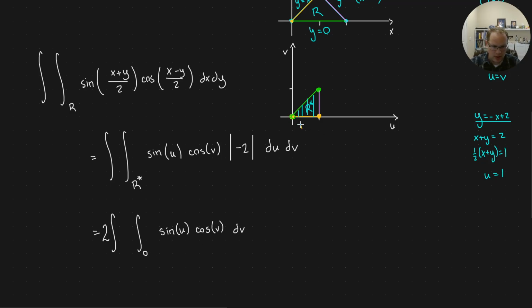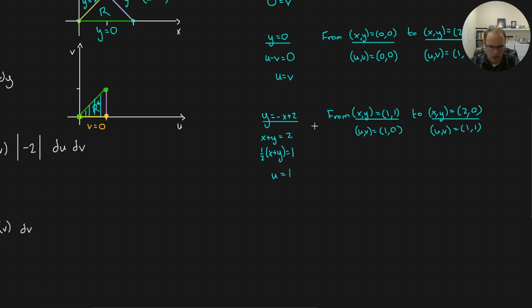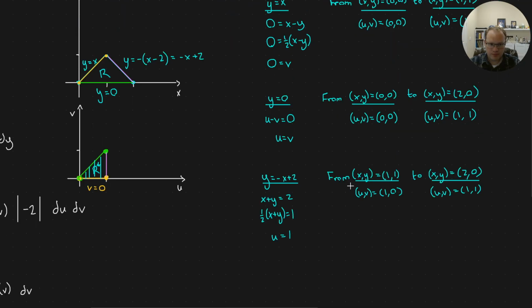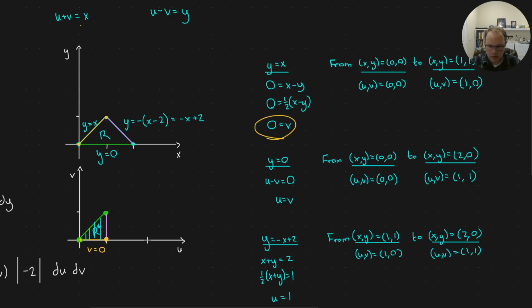And I should have labeled these when I found them. We already found them, right? V equals 0, that's that line. U equals v, or v equals u if you prefer.